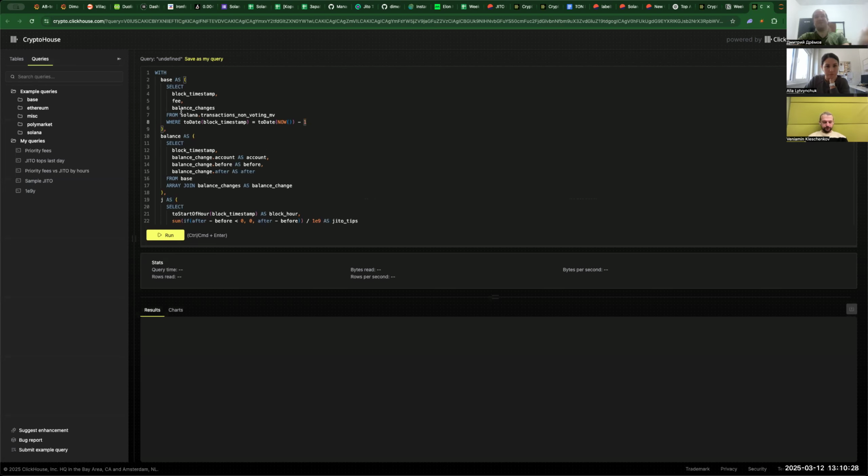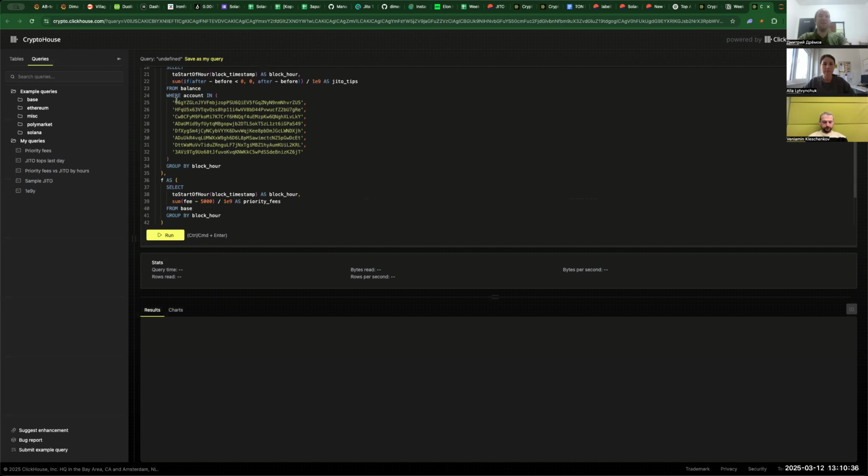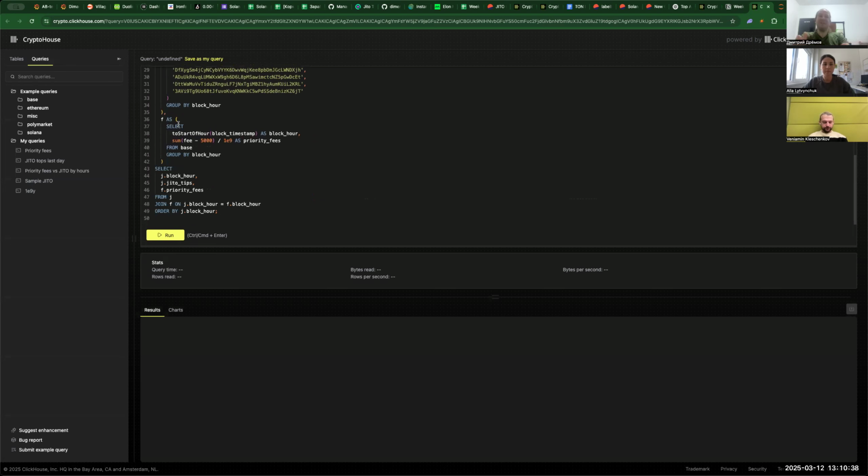We get the fees from the transactions table, which is just in the metadata. It's available, and it's basically two queries in one. I think all the solutions I saw were exactly the same in this sense.